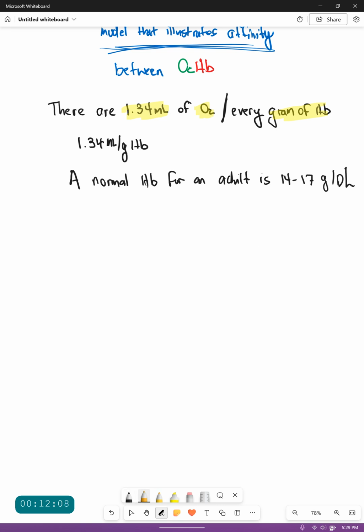Units of hemoglobin are grams per deciliter.